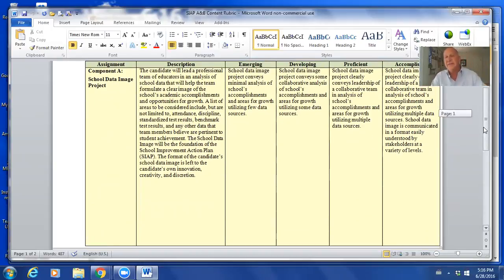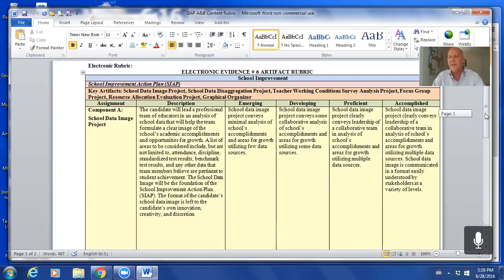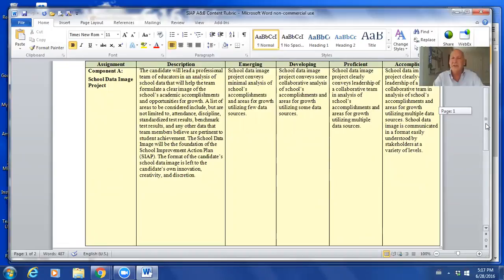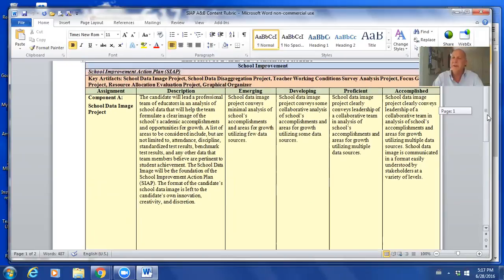And again, if you're involved at all in the school improvement leadership team, don't reinvent the wheel. Don't have a meeting that's already been had, but use the data that has been generated by your school improvement leadership team to write your SIAP A and B. It'd be perfect if you were writing it with someone else, but if you're writing this in isolation based on data you've gleaned from the school improvement team, that works for me.